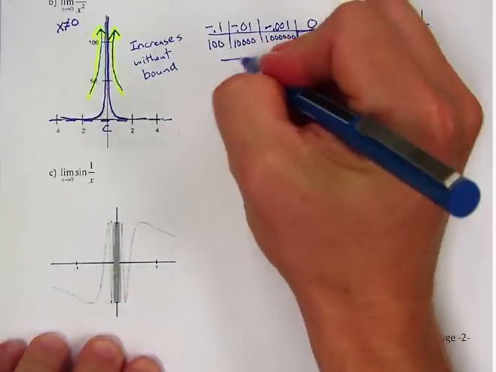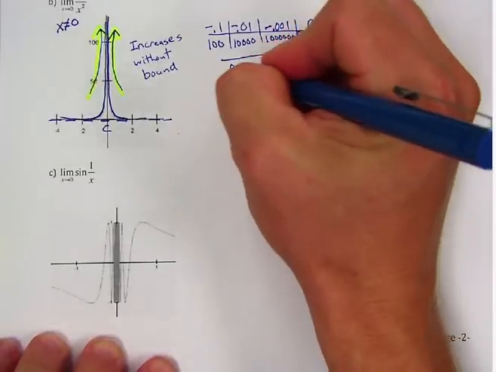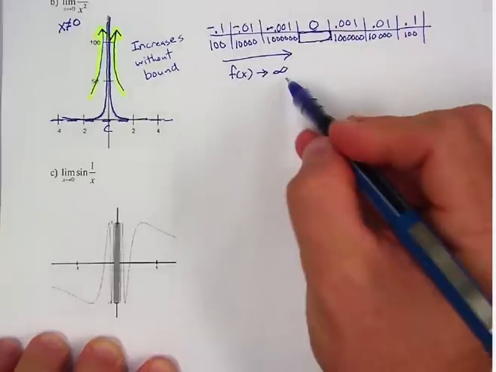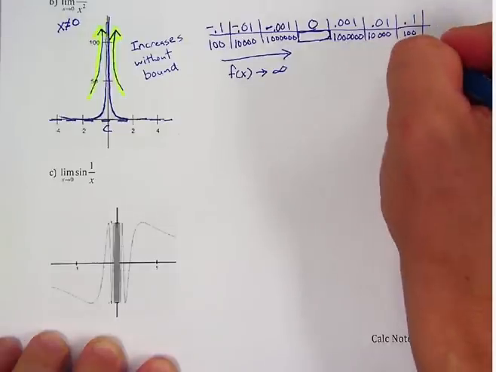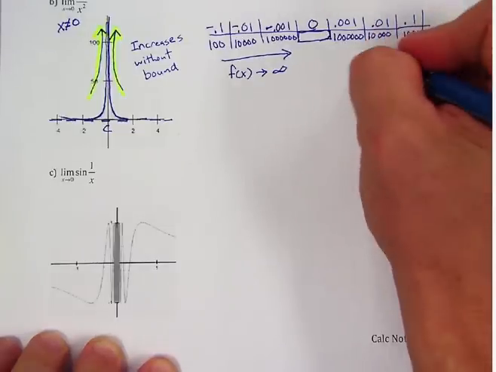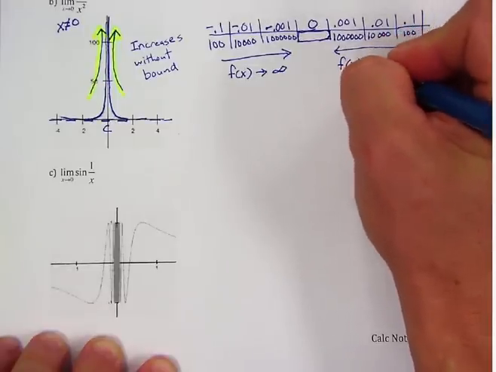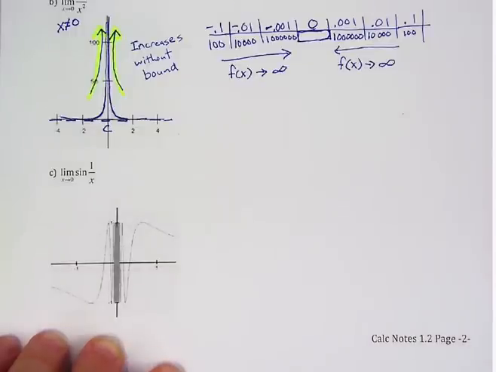So you can see as we approach 0, f of x from the left side is increasing without bound. So it's going to get larger and larger and larger. It goes to infinity. From the right side, the same thing is true. So f of x is going to increase without bound, going towards infinity.